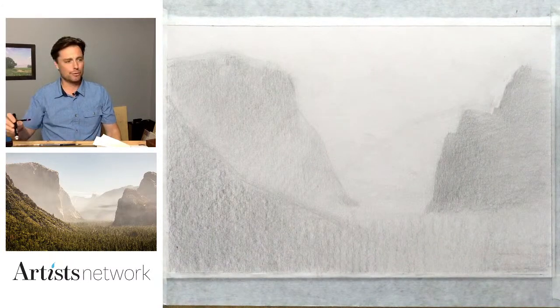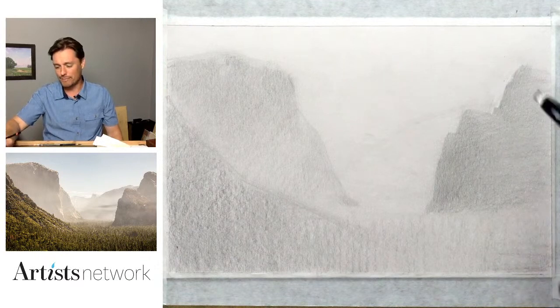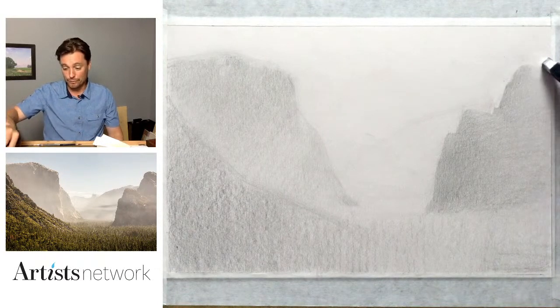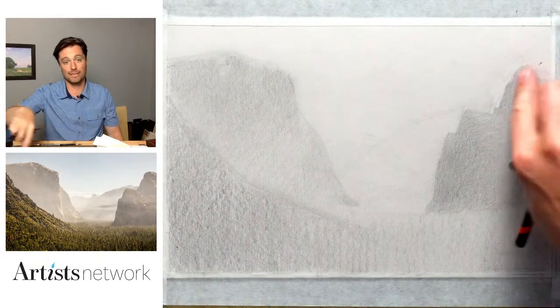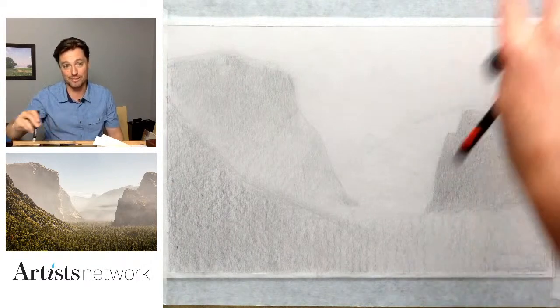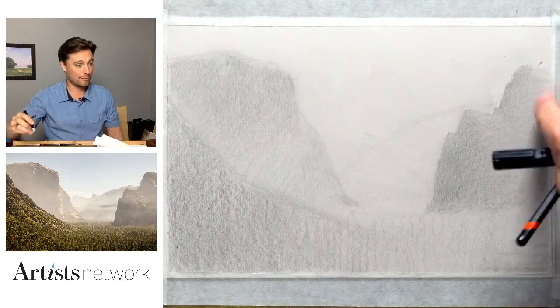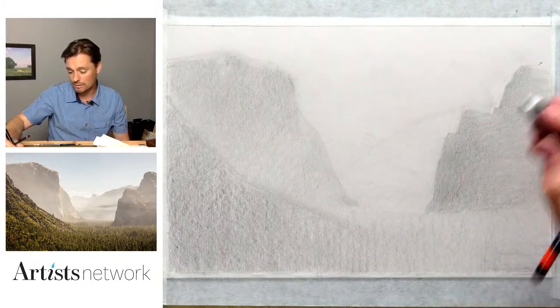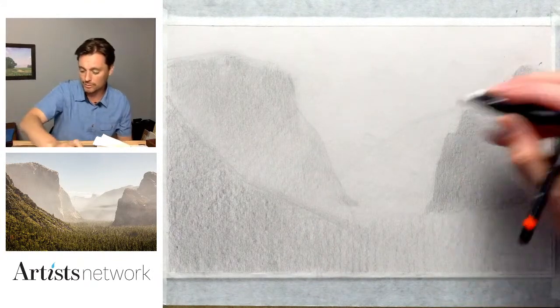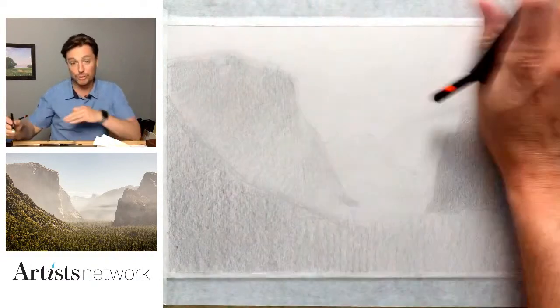So I'm doing just some negative drawing. I'm refining this shape by thinking about the negative space around it, the shape of the sky that is created by this form impeding on it. All right, so I'm going to soften it, build up a little bit of tone.